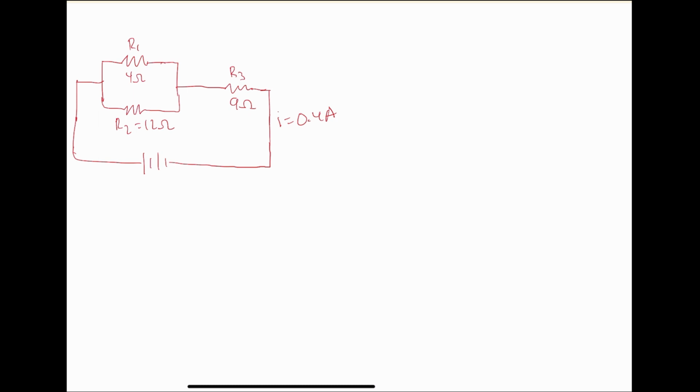We know that 1 over 4 plus 1 over 12, right? If we add these two together, it should give us around 0.33, and then from there we just do the reciprocal of it.